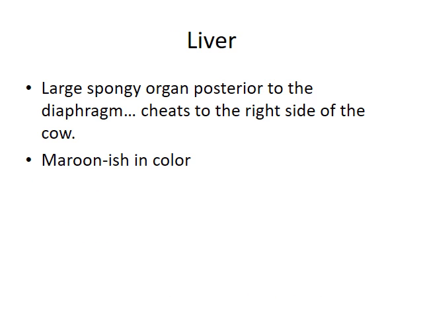So the liver is a large, spongy organ posterior to the diaphragm. You've got the thoracic cavity, the lungs, the heart. The border between that and the digestive tract is the diaphragm.